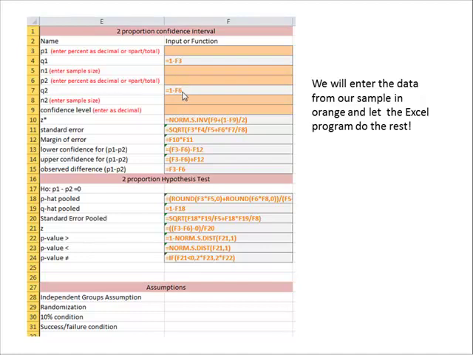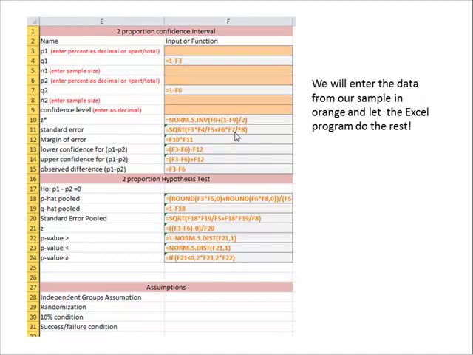And then q2 is just going to be 1 minus what you had in there. n2 is going to be the sample size for the second proportion, and then whatever confidence level you want. So your z star, we talked about this already, is going to be the z value for the given confidence level.